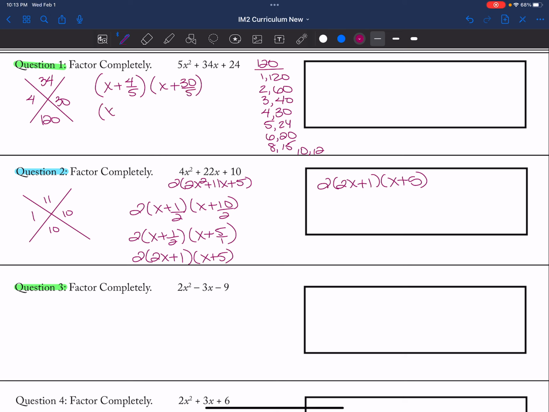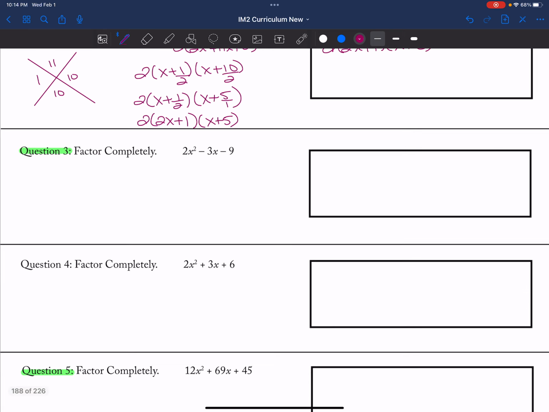And then I'm going to reduce, so x plus 4 over 5, and then x plus 6 over 1. Then again, in the bottom to the top, in the bottom to the top. So then I have 5x plus 4, and then I have x plus 6. And that is my answer: 5x plus 4 and x plus 6.